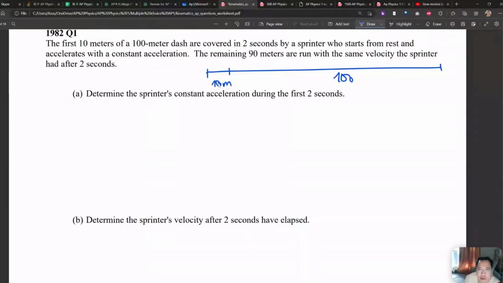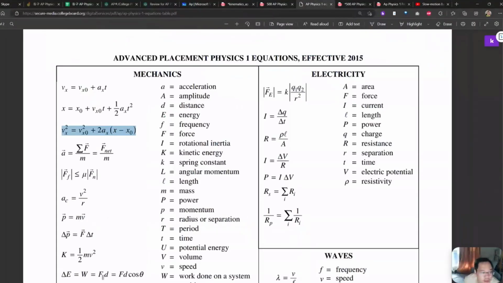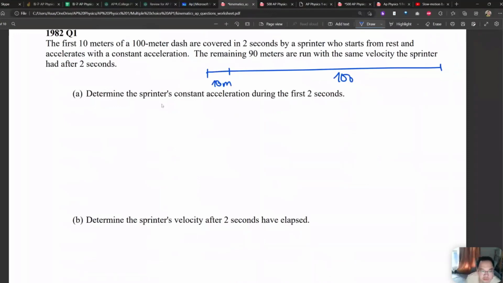So the third equation is v squared equals v0 squared plus 2 times acceleration and distance. V squared, which we don't know, equals v0 squared plus 2 times acceleration and her distance, which is 10. But we do not know the final velocity.